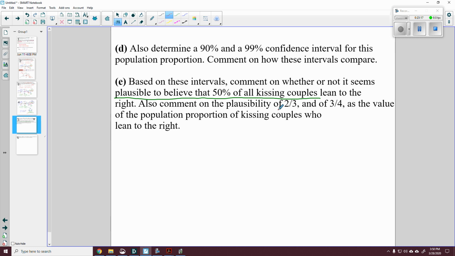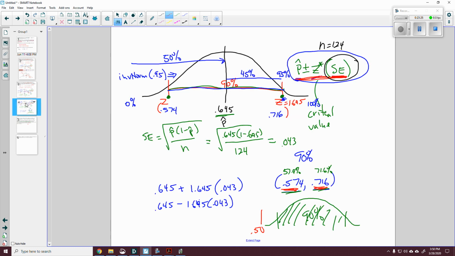Is it plausible that maybe 2/3 of all kissing couples, or 0.667, turn to the right? Let's look at our picture again. 0.667 is in my 90% confidence interval.